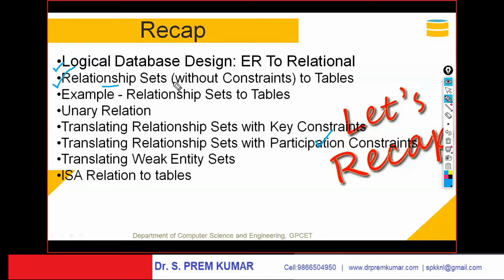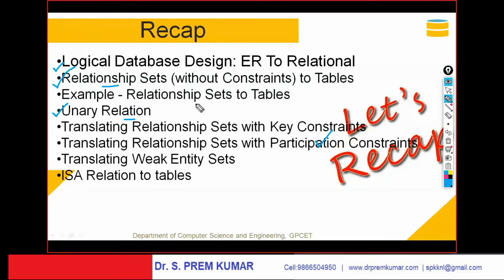And sometimes we will be creating tables for unary relations. That means an entity gets related to the same entity. For example, there is a person class. If I say a person marries a person, the first one is a person, the second one is also a person. Of course, there is a gender change.